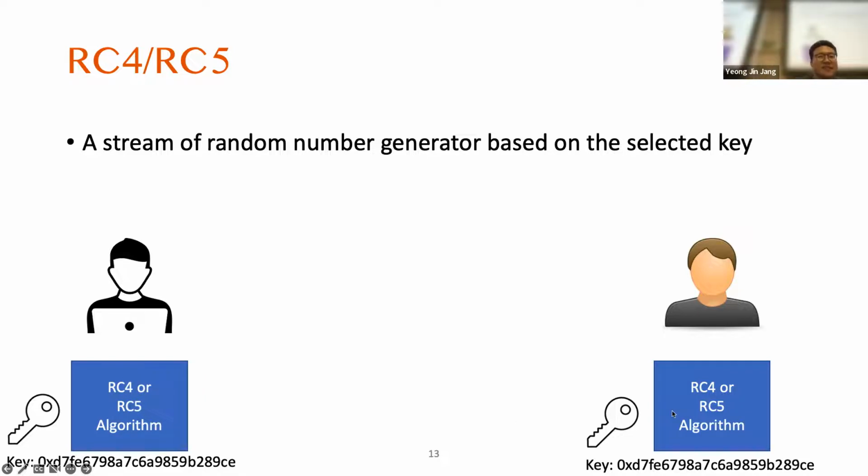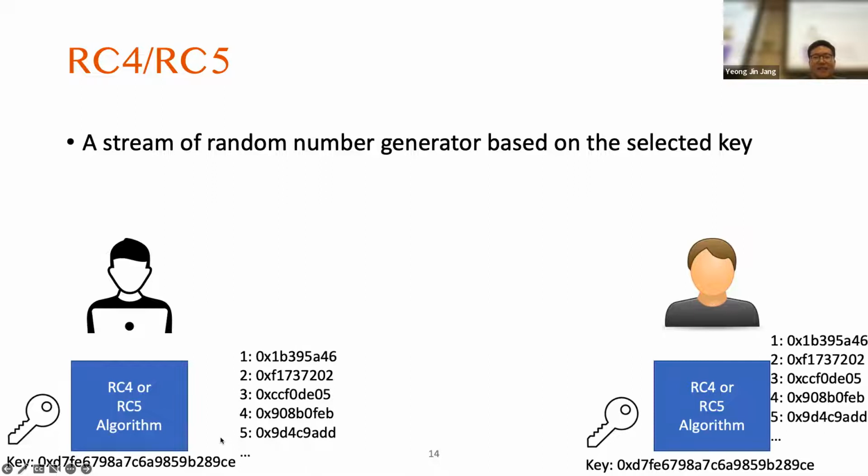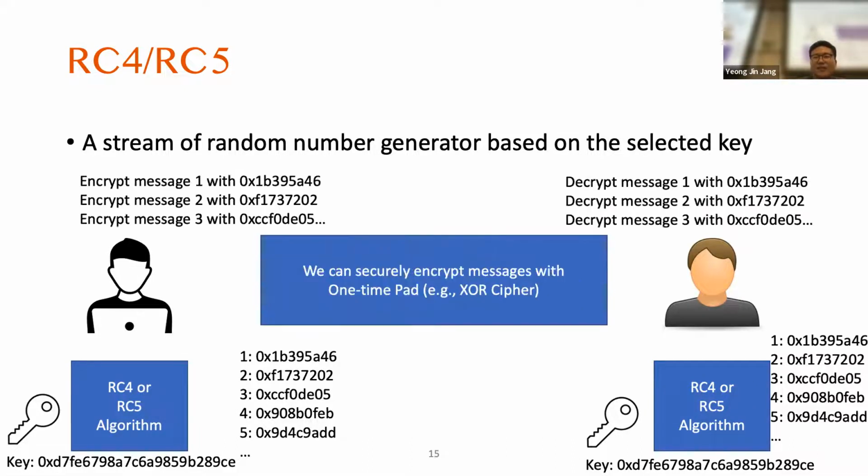The only secret thing is the key, this short number. Then they can run it, and the same sequences are generated on both sides. In that case, we can do a one-time pad on top of it. And because one-time pad is perfectly secure, the scheme might be secure.